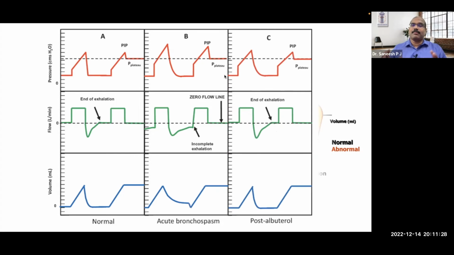Now you give some bronchodilation or remove the trigger by giving analgesics or something, or if it's an endobronchial tube migration, pull out the tube. Immediately you will find that the peak pressures are coming back to normal. The expiratory flow curve is beginning to touch the baseline once again.